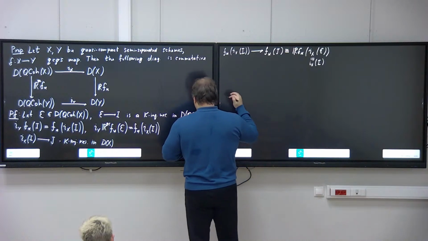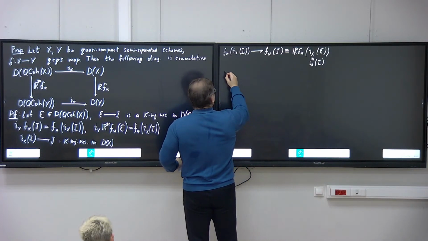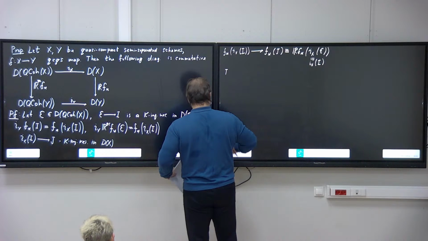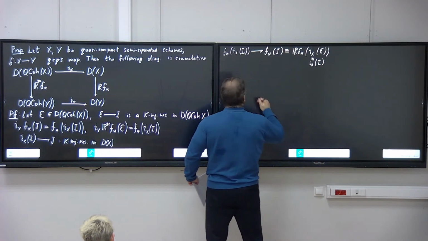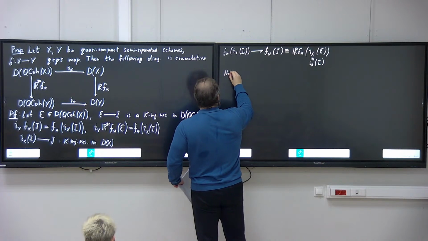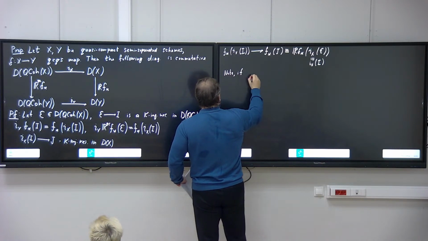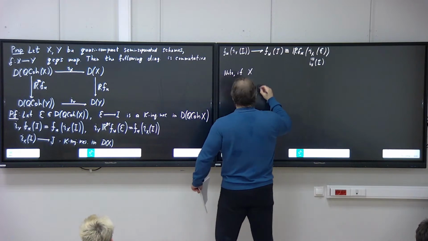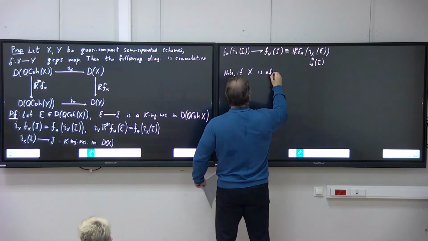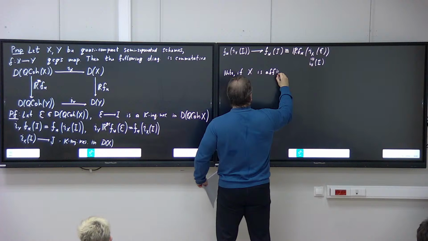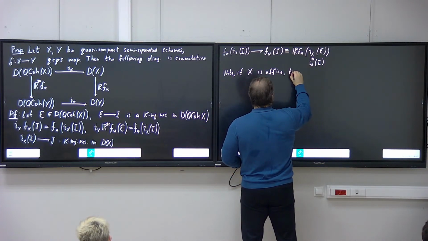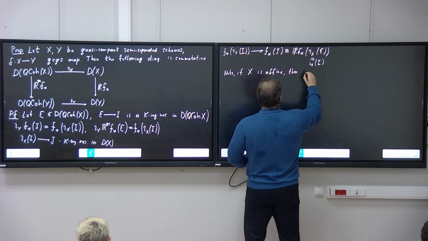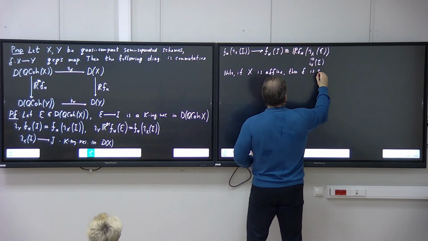First, we can note the following simple thing: if the scheme X is affine, then the map F is affine.